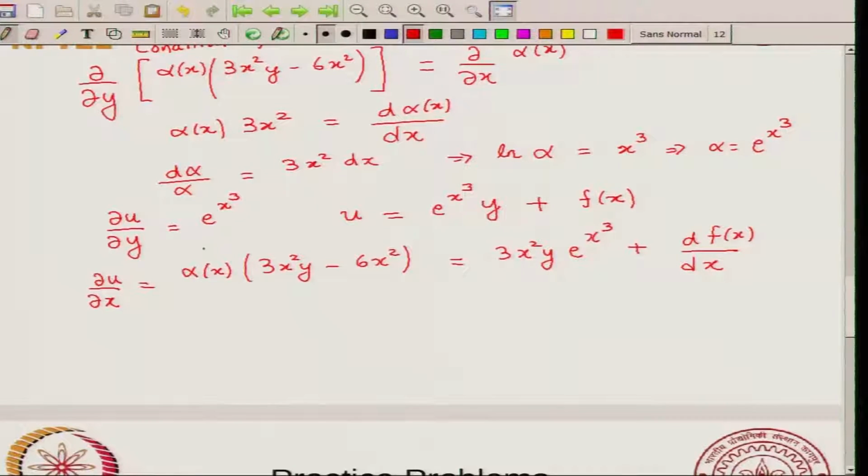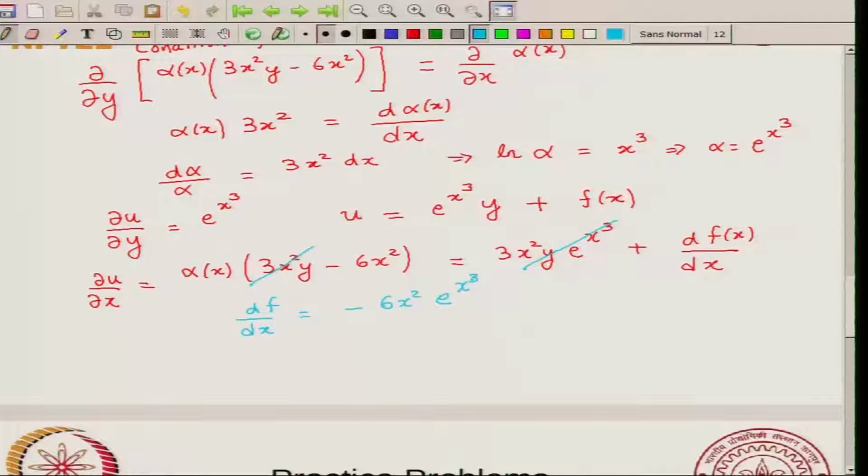Now, alpha of x is nothing but e raised to x cube. So, what you will see is that these two terms will cancel, and what you will get is df by dx is equal to minus 6x square e to the x cube.